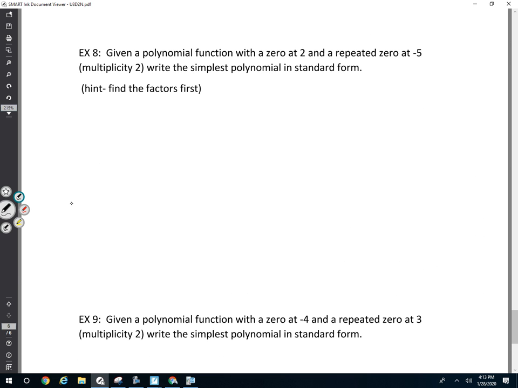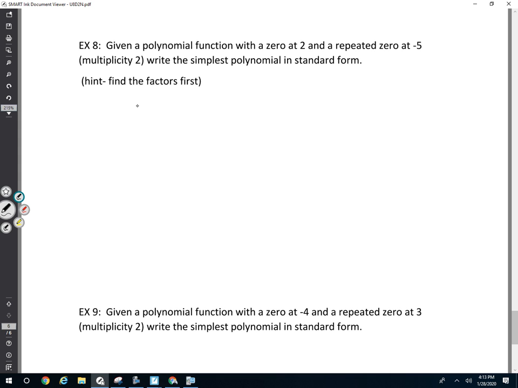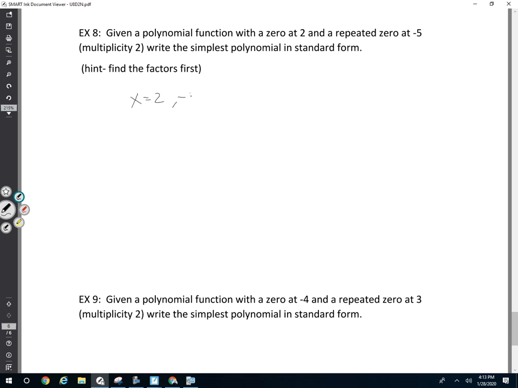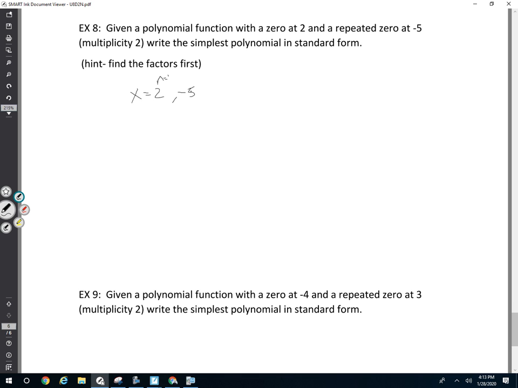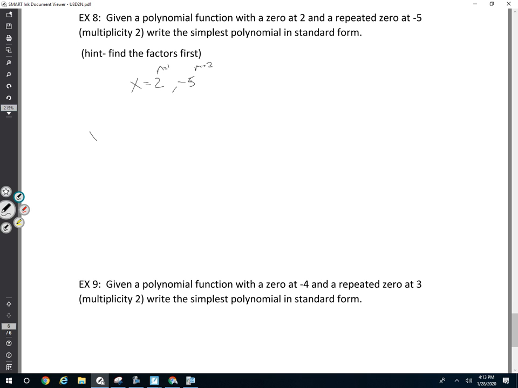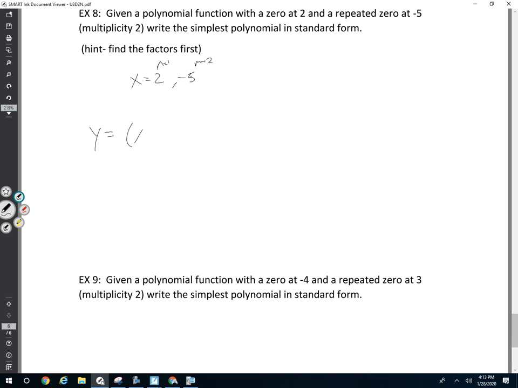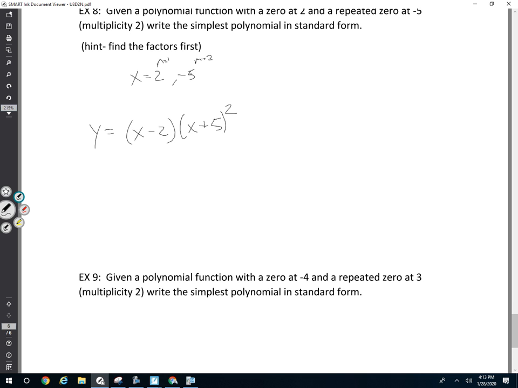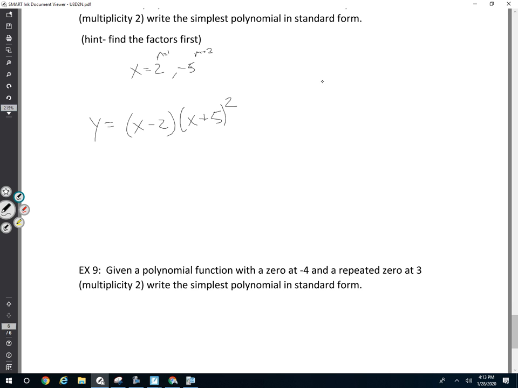Given a polynomial with a 0 at 2, so x equals 2 is a 0, and a repeated 0 at -5. This multiplicity would be 1, this multiplicity is 2 at the simplest polynomial. Well, y would equal x minus 2 must be the first one, x plus 5 must be the second one, but it's a multiplicity of 2, so I'm squaring it. I got to find standard form.